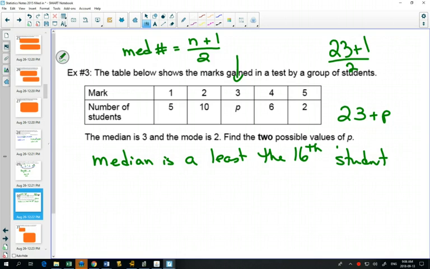If it's the 16th person, how many terms would we need to have a median at the 16th person?